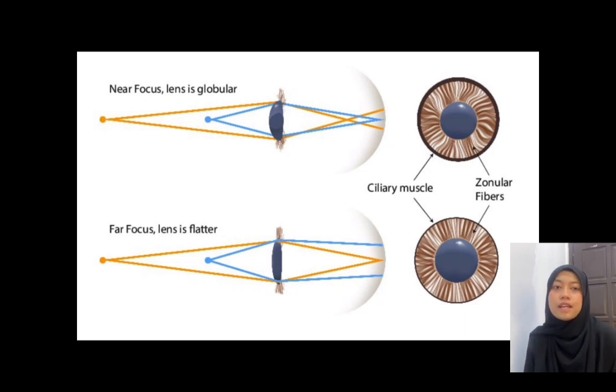Accommodation is a reflex action that involves changing the lens to focus light rays from an object perfectly on the retina. When viewing an object less than 6 meters away, the image would form behind the retina, but because the lens accommodates, an image is formed on the retina, allowing us to perceive the object.